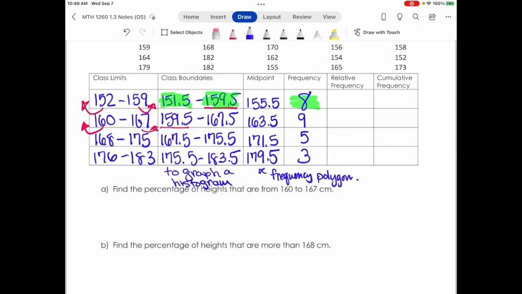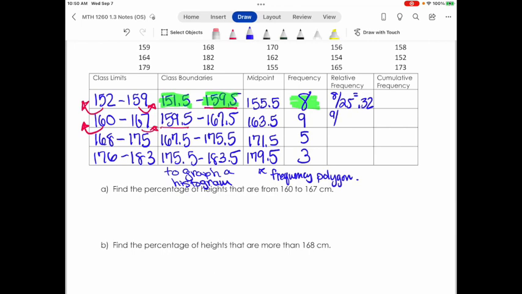Now, when we look at the relative frequency column, what we're doing is we're looking at each interval and finding, instead of the counts, the proportion of values that lie in that interval. And since there's 25 total data values, for the first interval, we would have 8 out of 25, which we can write as a decimal as 0.32, or we can say 32% of the values lie on that first interval.